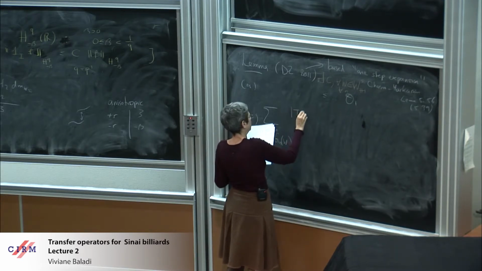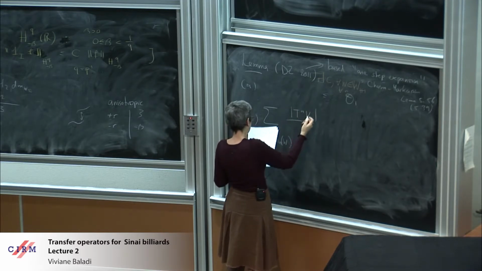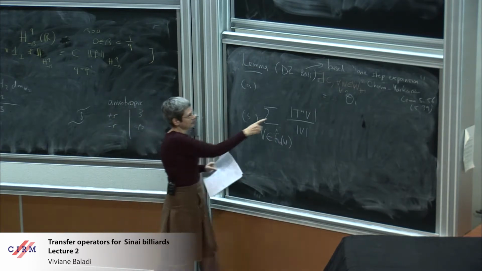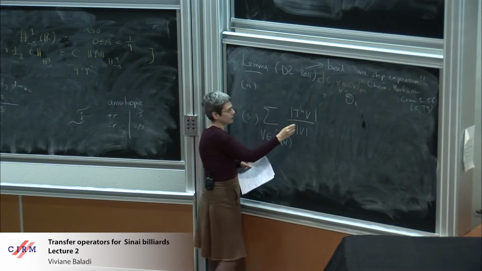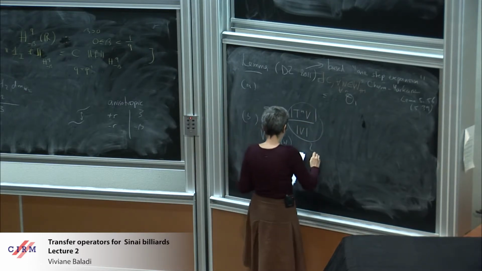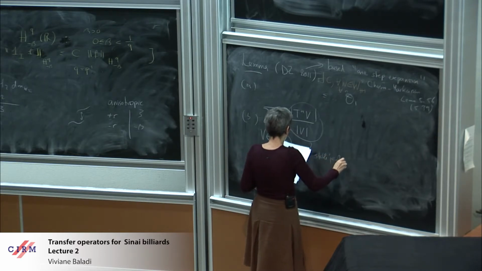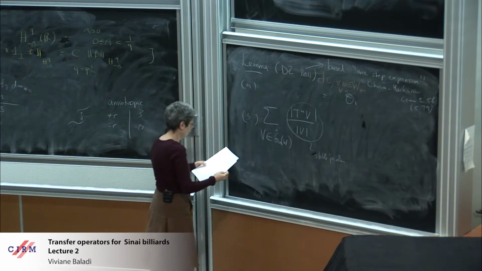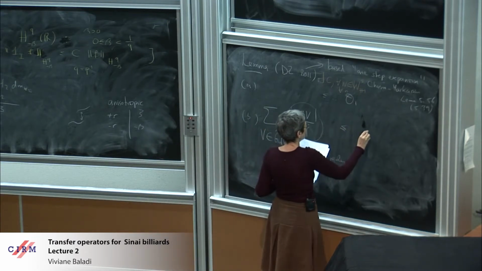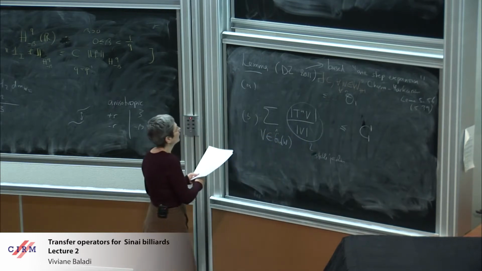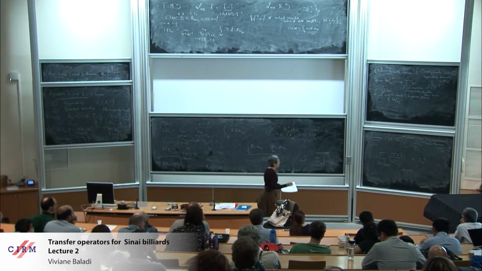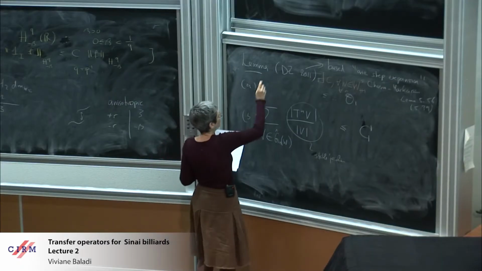I sum the ratio of the length of the image divided by the length of V. And this guy is going forward in time, so this ratio here is more or less a stable Jacobian. So there is hope, right? You're making a countable sum, but you're making a countable sum of things which are very small. And the claim is that this is bounded uniformly by a constant. And actually, you can do a little bit better. You can also put a power here.